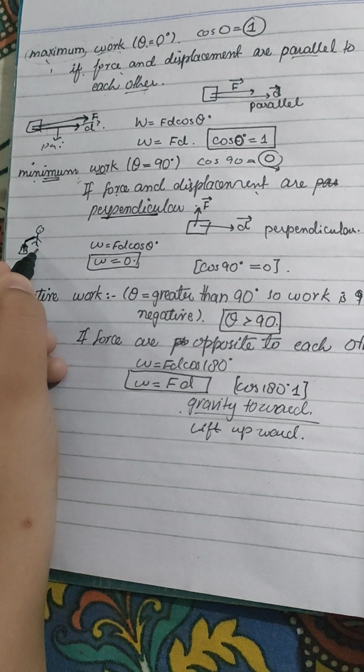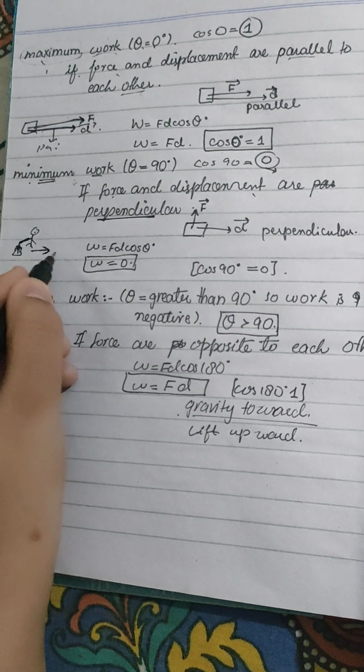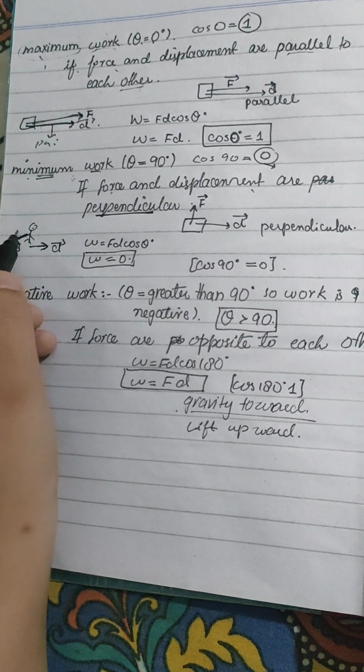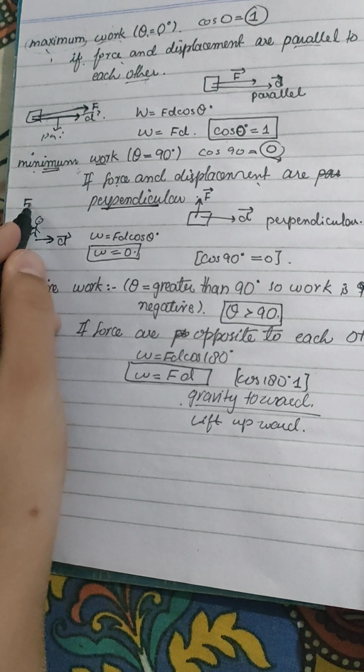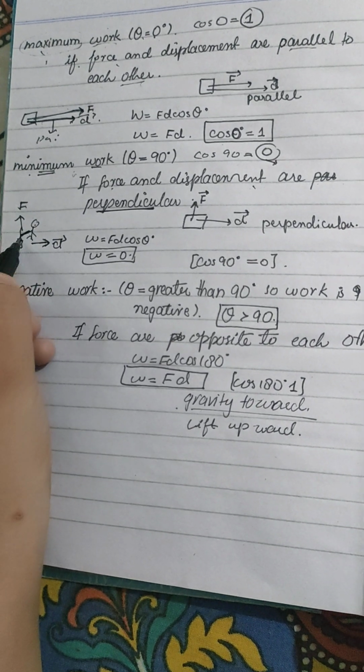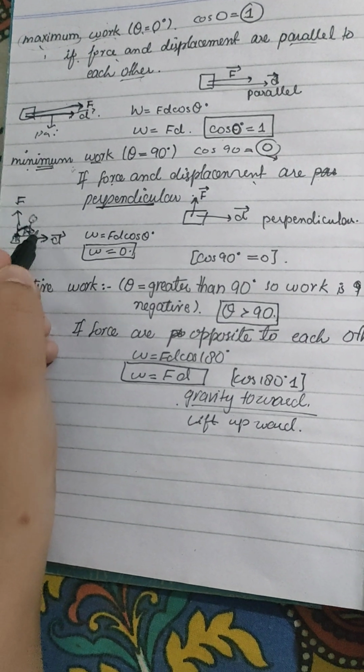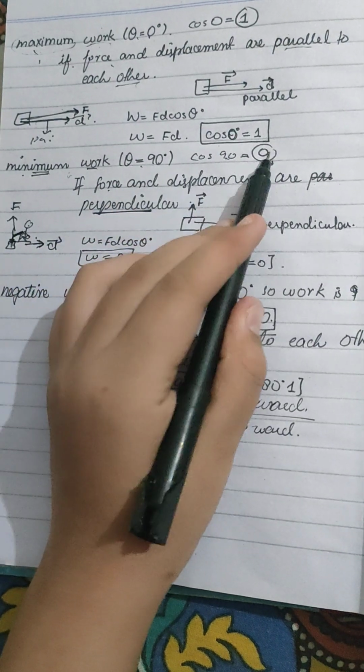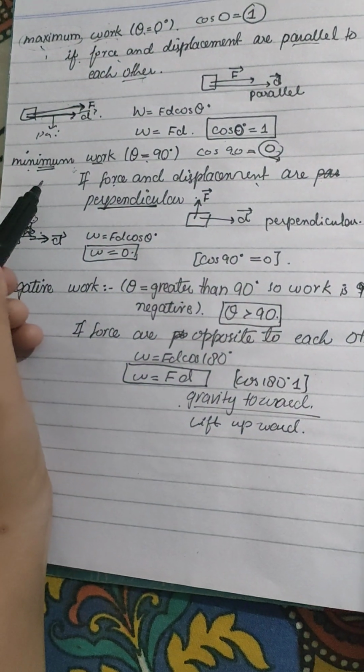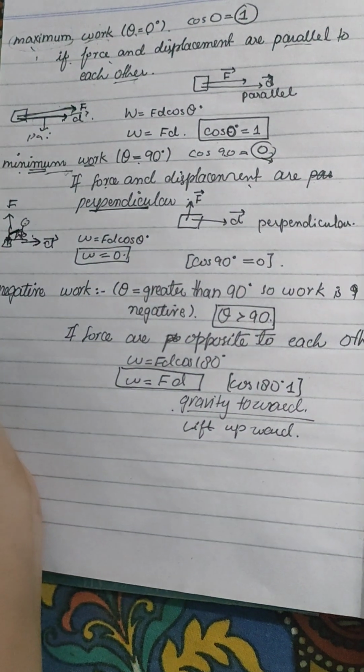But I am going in this direction, so displacement will be in this direction and force will be up. These two make an angle of 90 degrees. So cos 90 is basically 0. This means we have covered the minimum work.